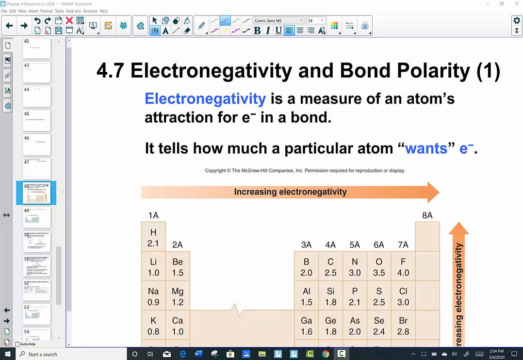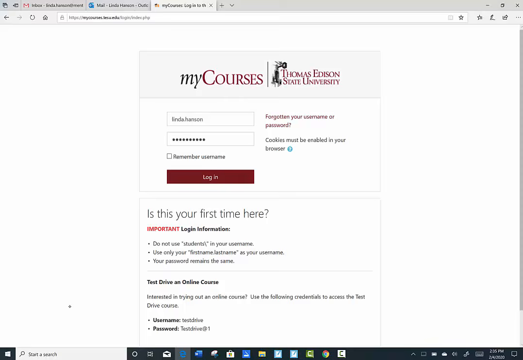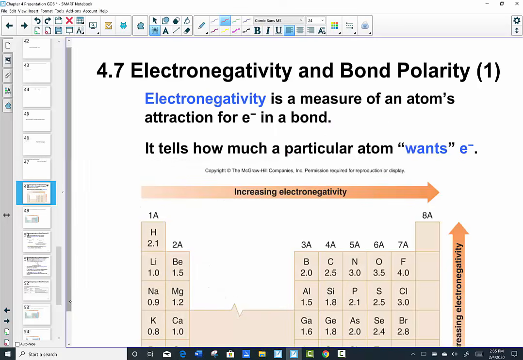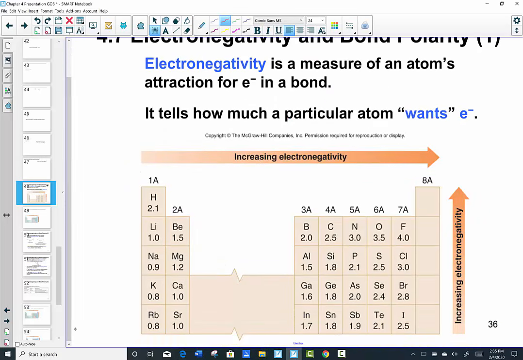The electronegativity of an element simply tells me about the atom's ability to attract electrons towards itself in a shared pair of electrons in a covalent bond. It tells us, in other words, how much a particular atom wants the electron, right? So how attractive are you in gaining electrons towards yourself?